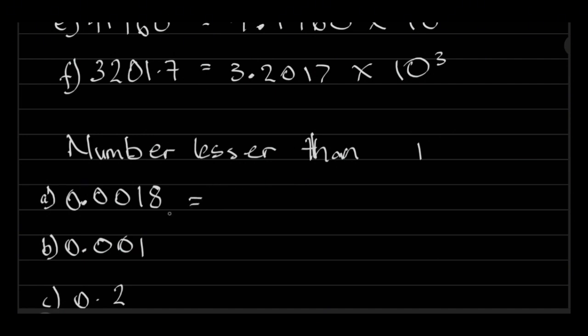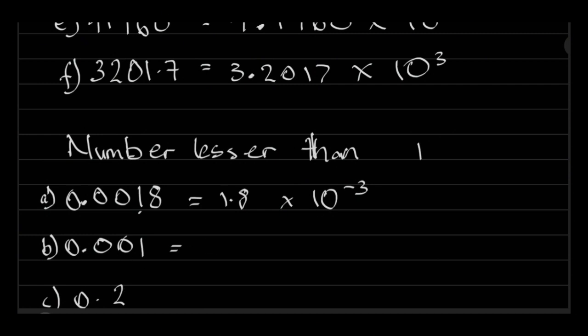Okay, so what is our first significant number here? It is 1. So we are to have 1.8. How many decimal places did we remove? We have removed 1, 2, 3 decimal places, so that will be times 10 raised to the power negative 3, meaning that we have removed 3 decimal places.